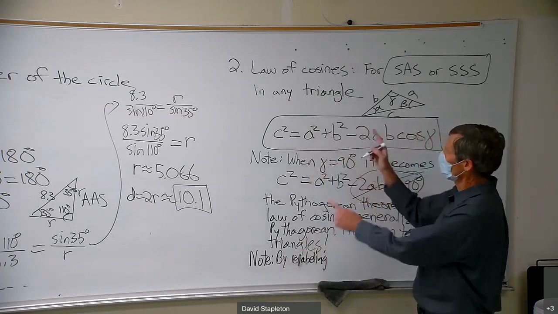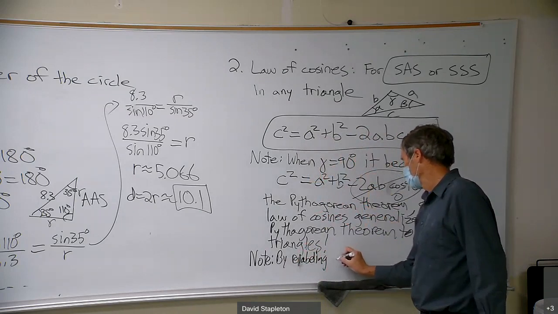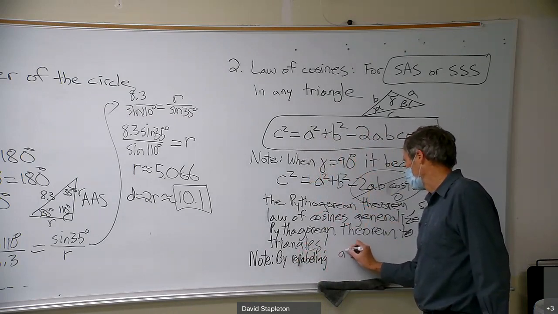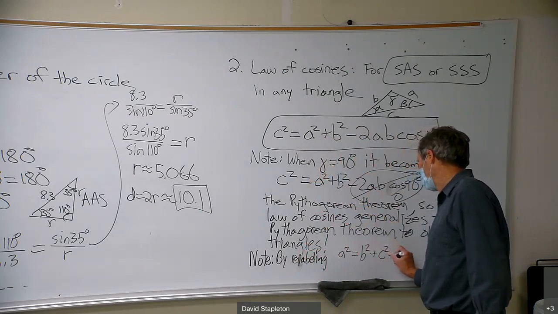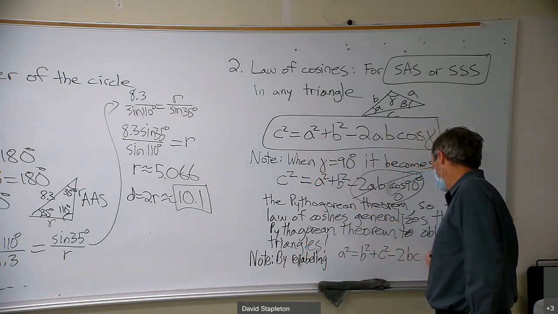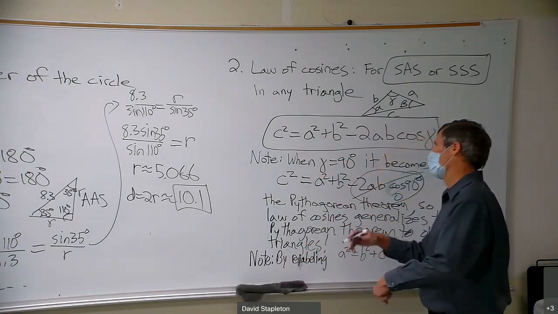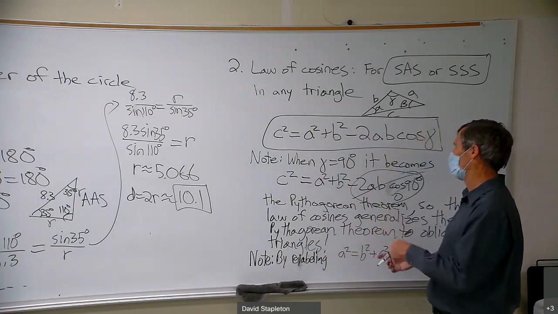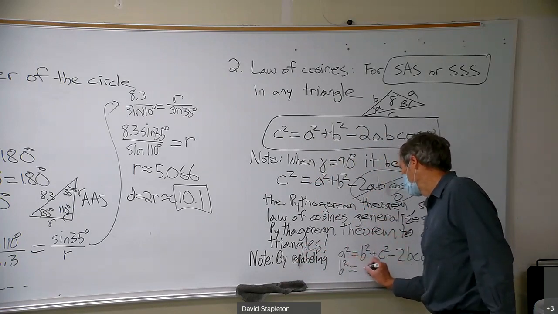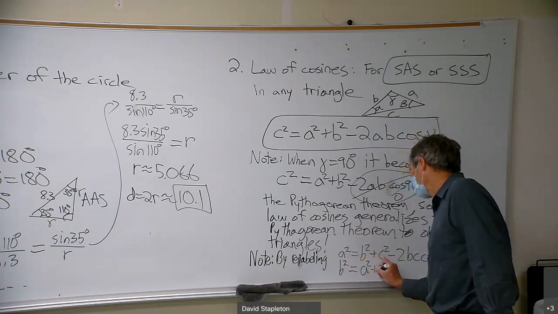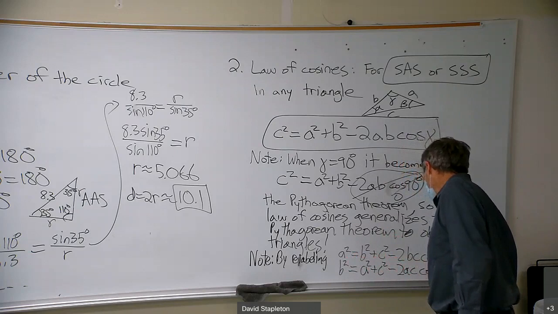If I rotate A, B, C, alpha, beta, gamma around, I also get the following result: A squared equals B squared plus C squared minus 2BC cosine alpha. Or if I rotate all the angles and sides, keeping A opposite alpha, B opposite beta, C opposite gamma, I can get B squared equals A squared plus C squared minus 2AC cosine beta.